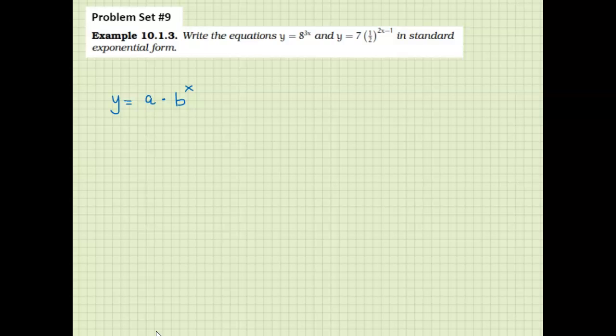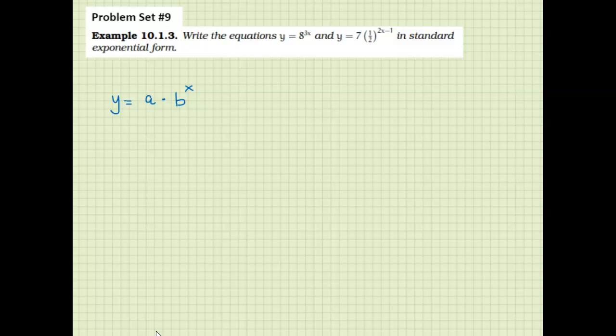This first example asks us to put the equations in standard exponential form. An exponential function can be expressed in different ways. They're equivalent. Sometimes you can change the bases, sometimes you can have stuff in the exponent, or you can have the exponent be x only.